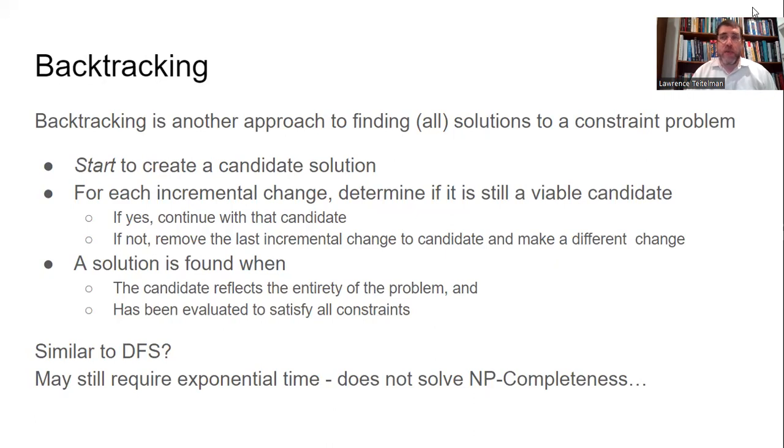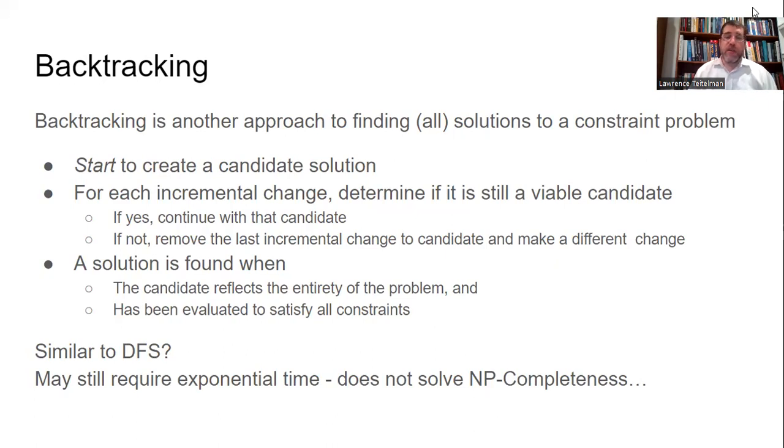If you can't go from there, either because there are no more edges, or because whatever edges are there take you to vertices that you have already visited, you back up to the vertex from which you came, and you see if you can try something else. So let's be clear, backtracking is not DFS, but DFS uses a backtracking technique as part of its strategy, right?